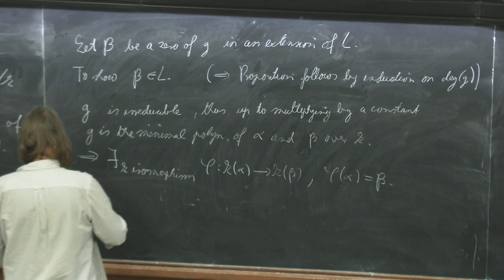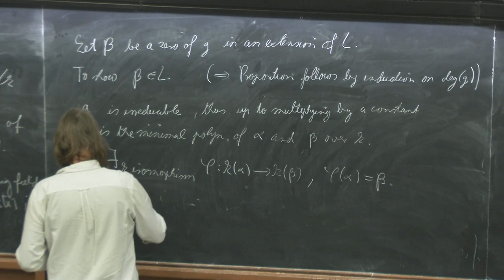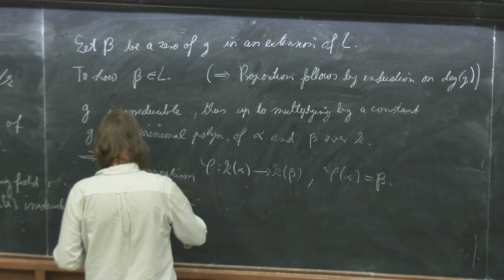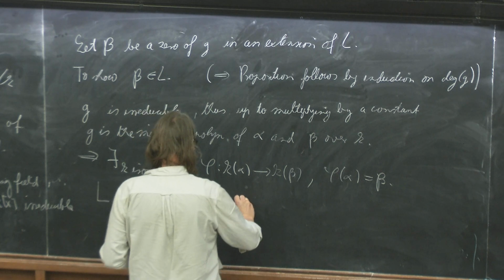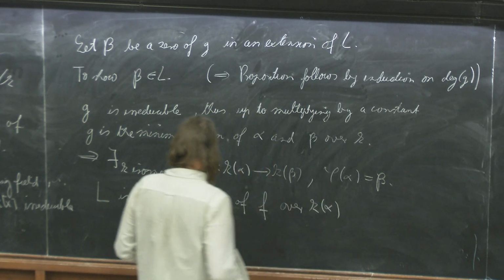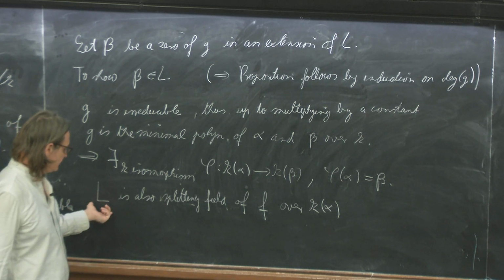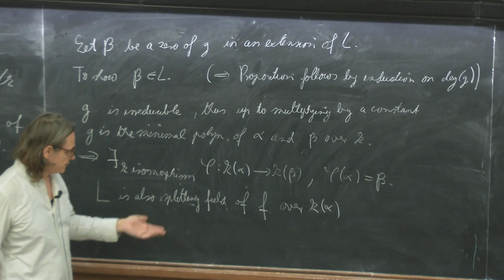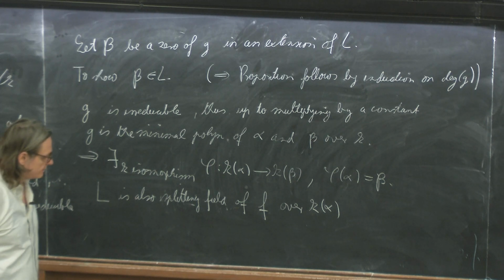So L is a splitting field of this polynomial f. So L is also a splitting field of the same polynomial f over K(alpha). Because we know if L is a splitting field of a certain polynomial with coefficients in K, then it will also be a splitting field of the same polynomial over any intermediate field.